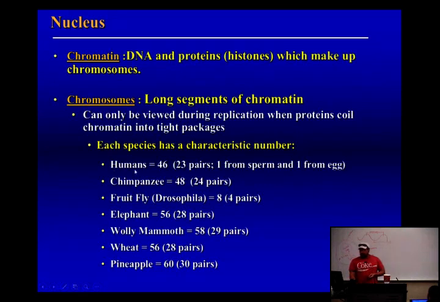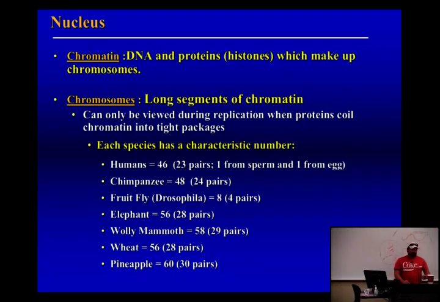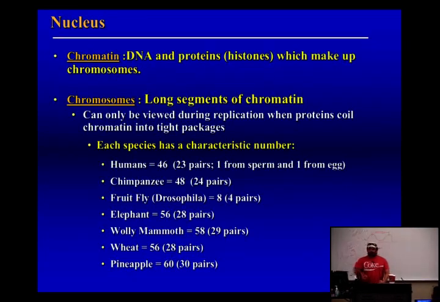But this is most important because we're going to go over this over and over again. All of you look normal to me, so I assume you have 23 pairs of chromosomes, right? That means you have 46 total: 23 you got from your mother, 23 from your father. Most organisms have 2 sets, half from their mom, half from their dad. We call that diploid.